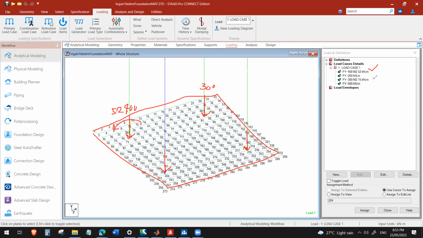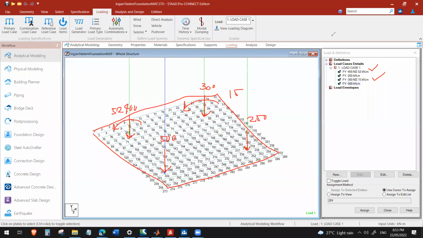And then on the 300, we have another 15 kilonewton meter. Here we have 500 and 250. So this is a typical situation for a mat footing. You have multiple reactions applied on your foundation.